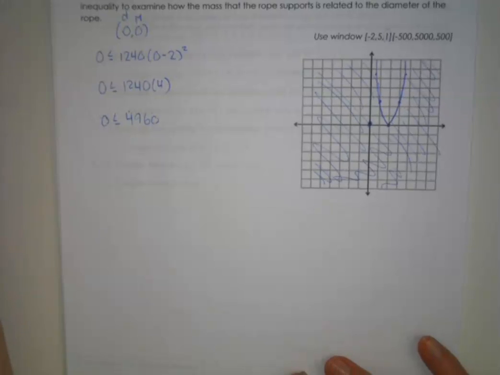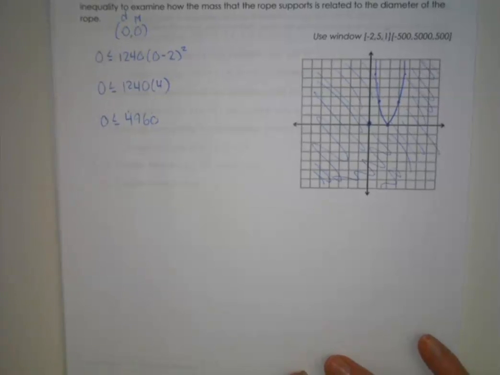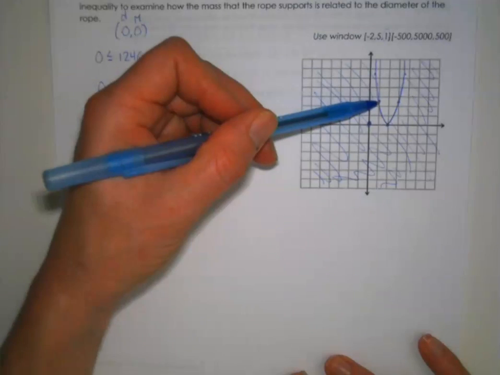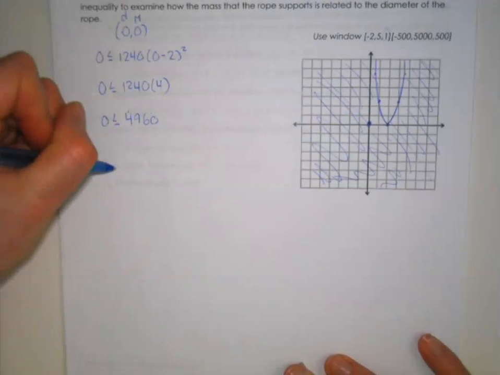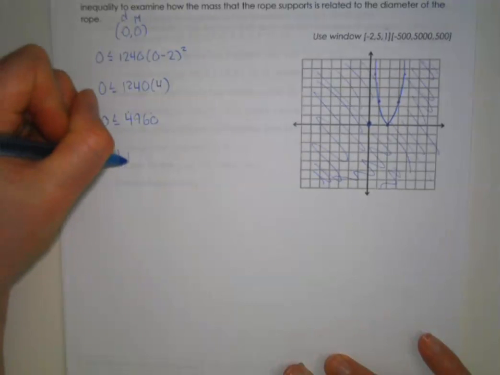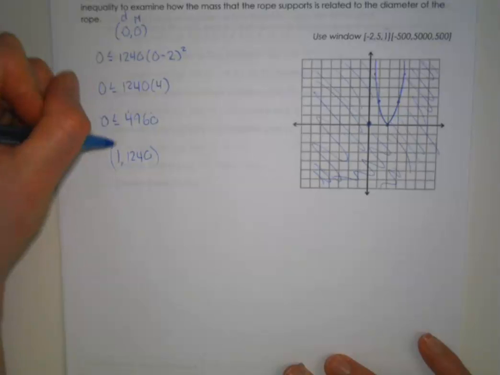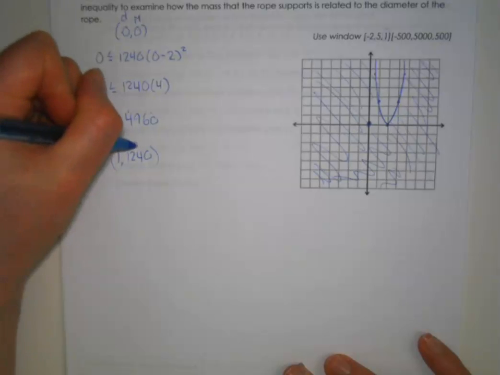So if you want to make a statement about how those things are related, you might want to find a point that would actually work. For example, one of the points we plotted there was when x was 1, y was equal to 1240. Remember, this stands for a diameter and this stands for our mass.